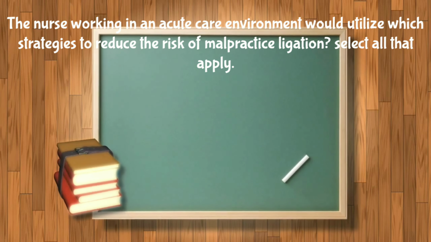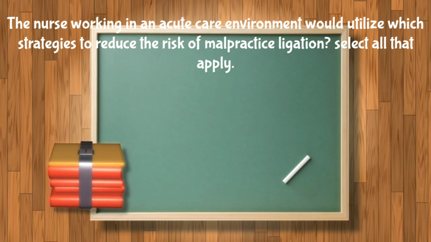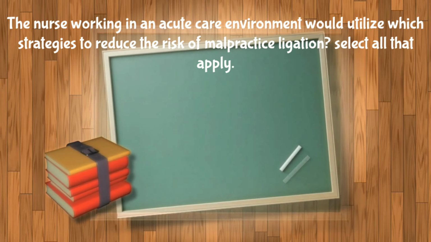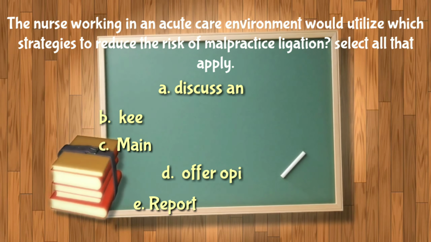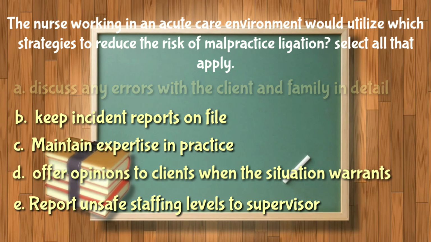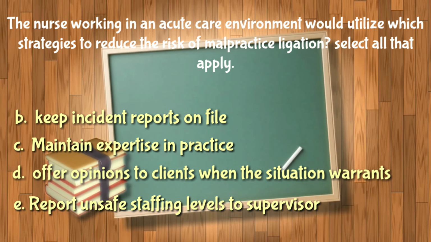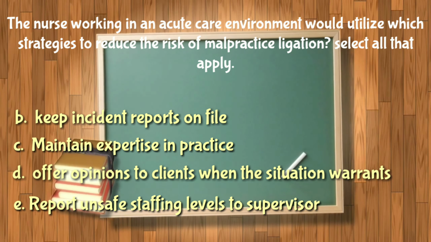The nurse working in an acute care environment would utilize which strategies to reduce the risk of malpractice litigation? SATA. So for this question, let's eliminate first letter A, because discussing errors in details with the client and family does not reduce the risk of a malpractice claim.